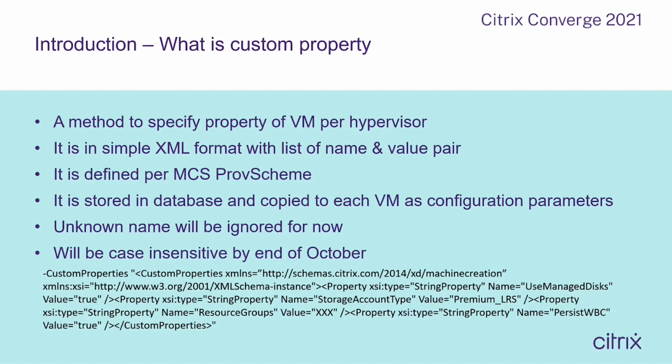Currently, the custom property is opaque data in the Citrix SDK developers website. So this is actually the first time ever we talk about custom properties. We are in the process of documenting it properly and releasing that to the SDK website, so stay tuned for the official publication of that documentation.